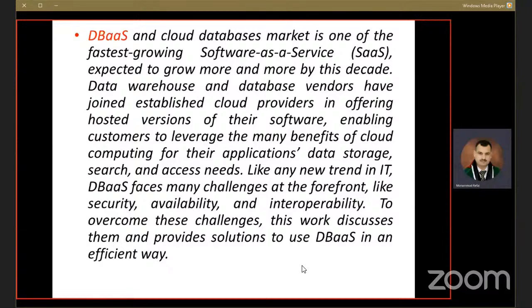Like any new trend in IT, database as a service faces many challenges at the forefront, like security, availability, and interoperability. To overcome these challenges, this work discusses them and provides solutions to use database as a service in an efficient way.